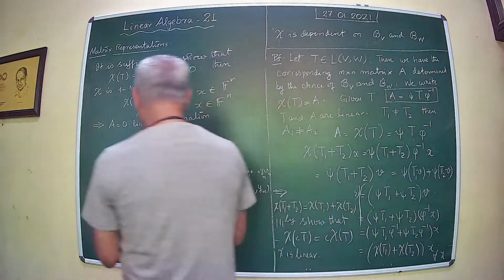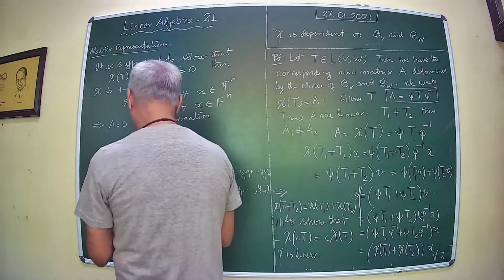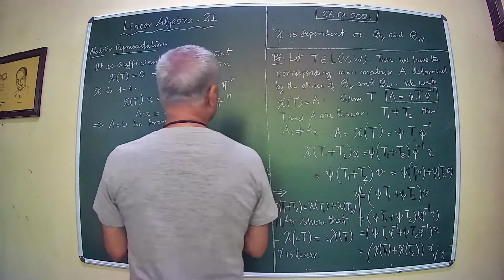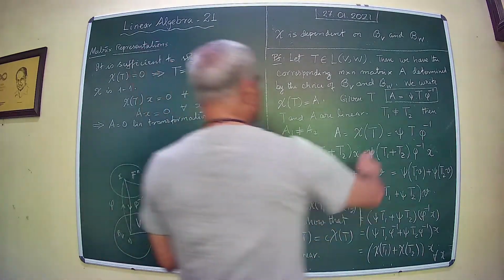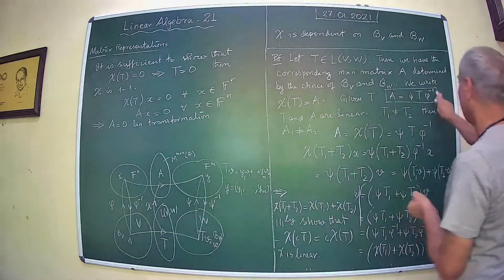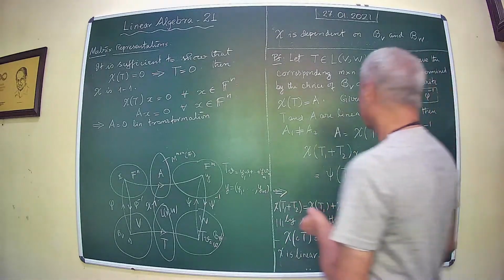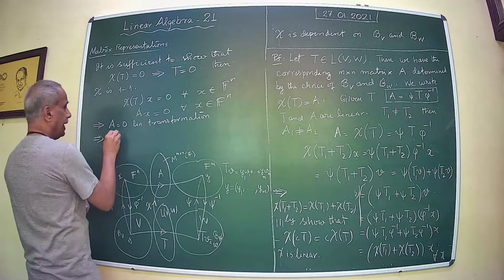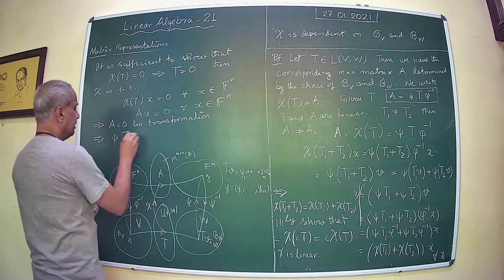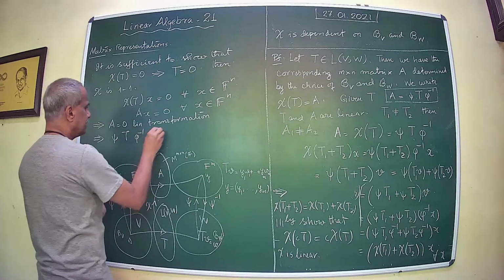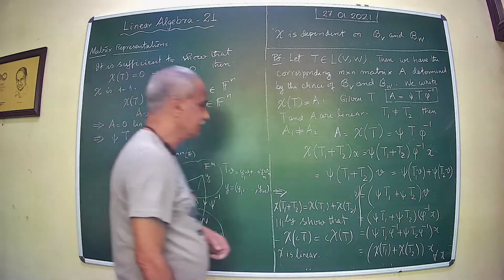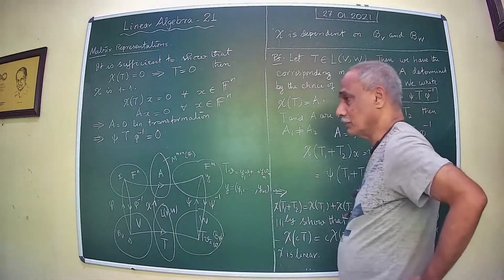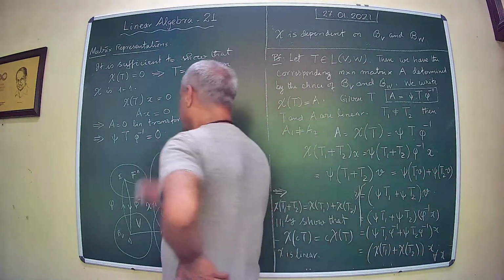Okay. Now you see that A is equal to psi T phi inverse. So this implies psi T phi inverse is 0. Okay, that's a zero linear transformation or zero matrix.